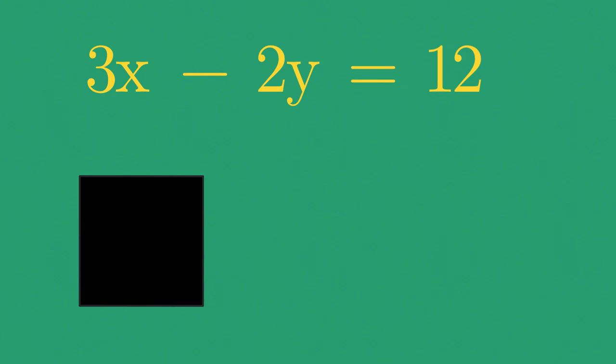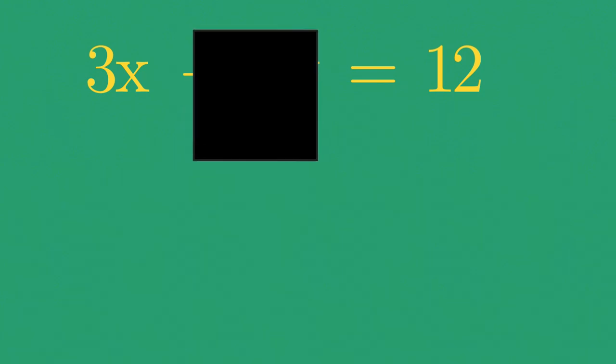Now, I tend to usually cover up my y's first, so I'm going to take that box. I'm going to cover up my y term. If I cover up y, what's left? 3x equals 12. That's all you have left. That's what we're solving for.